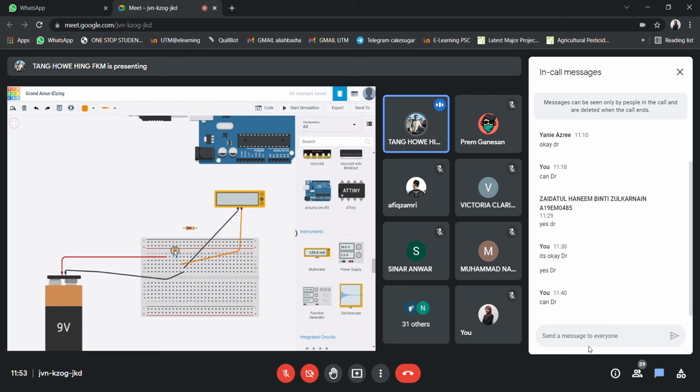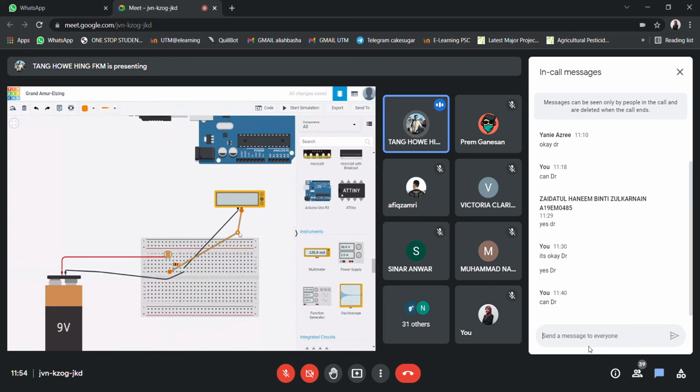Right, so the first resistor, I'll put it here, and then the second resistor, I'll just move it to here. Okay, so in that case, the output voltage is measured across the two resistors connected together.